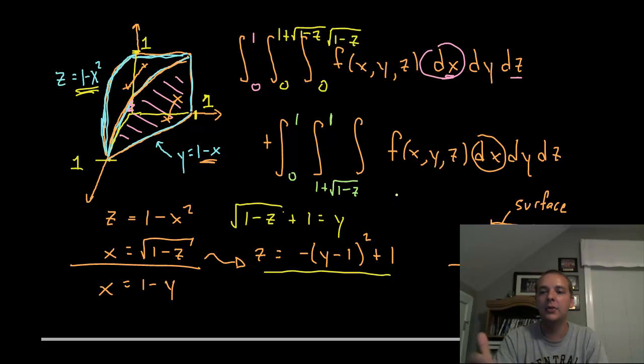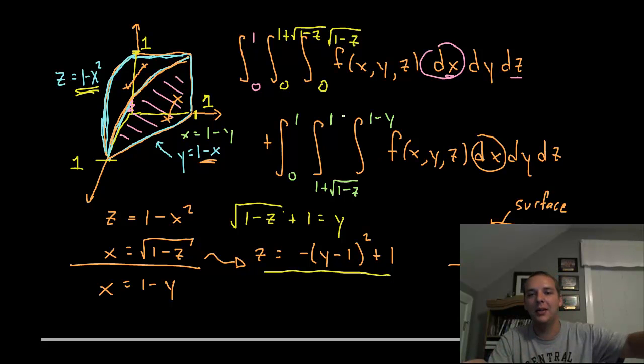Then the x's, as you come out towards us, will be up to the plane, 1 minus x, but unfortunately that has an x, so we'll rewrite that as x equals 1 minus y. Not pretty at all, but you would have to take both of these independent integrals and then add the results together, which is perfectly allowed.